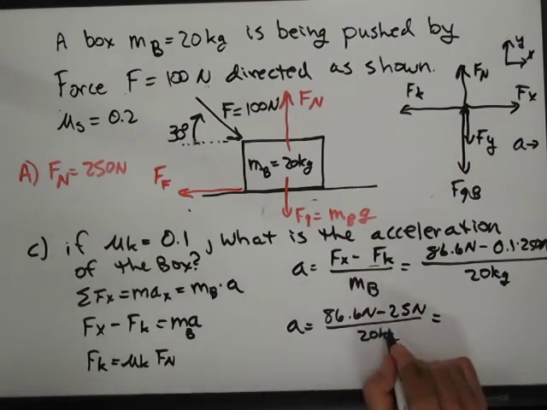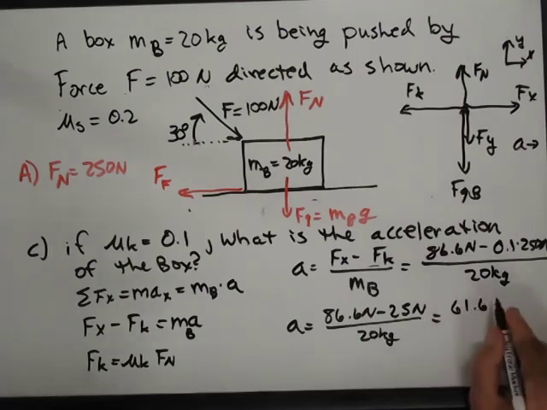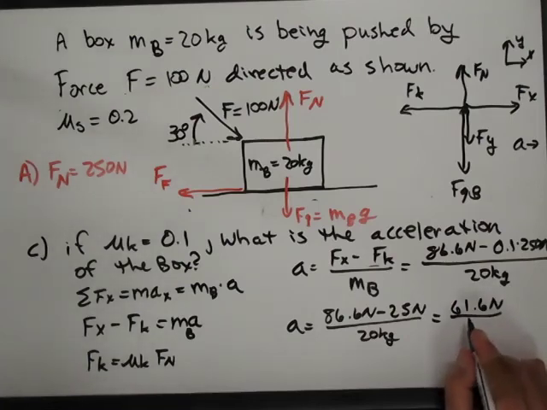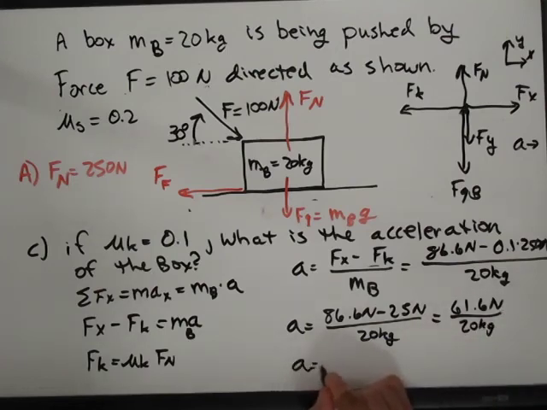And so 86.6 minus 25 is 61.6 newtons over 20 kilograms. That's about 3.08 meters per second squared.